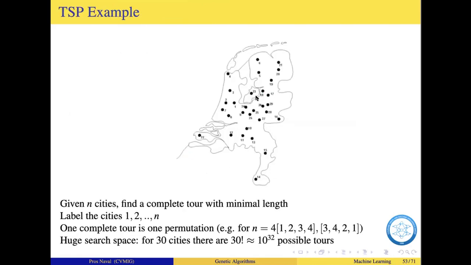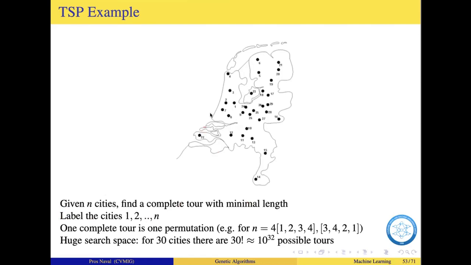So here is your TSP example. The traveling salesman problem is the following. Given n cities, find a complete tour with minimal length. So you have your cities here. How should you visit the different cities in such a way that when you visit one in sequence and you want to cover all, you have a minimal length?